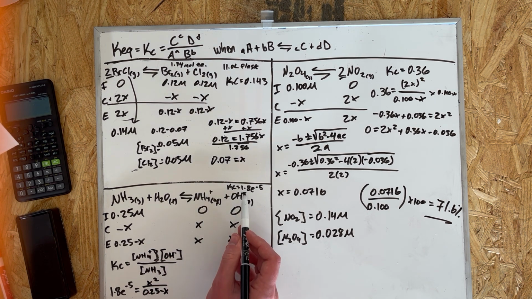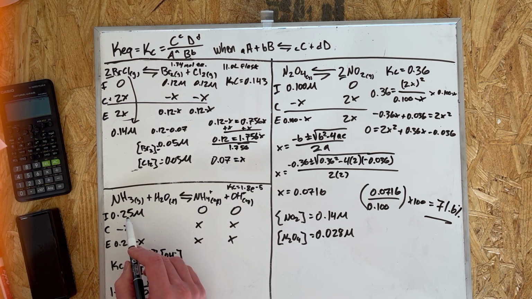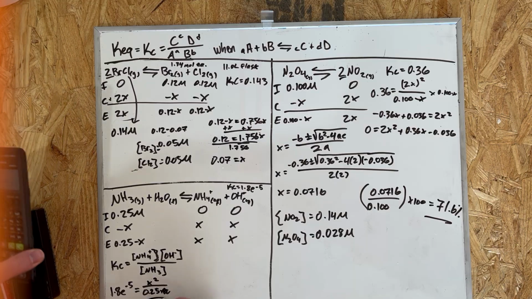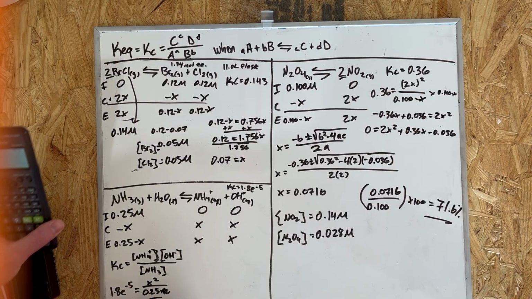Now, since our Kc value is so much smaller than our initial concentration, we're just going to assume that we can simplify. So then we've got that. So now we have x squared is equal to, and then I'll go ahead and take the square root of these.